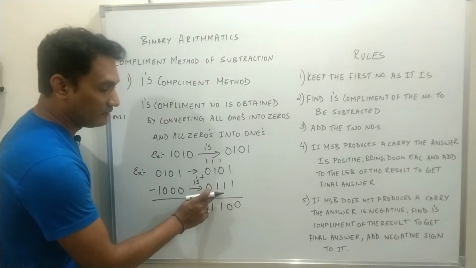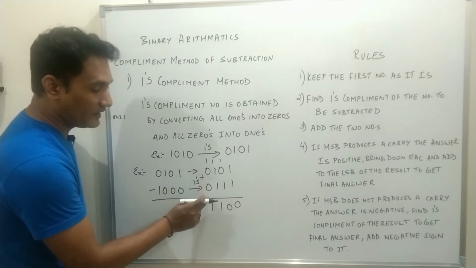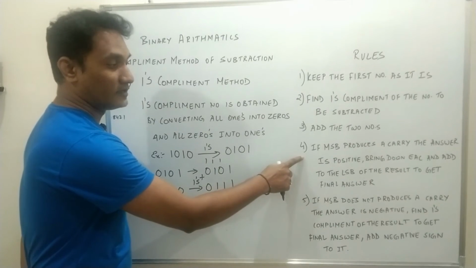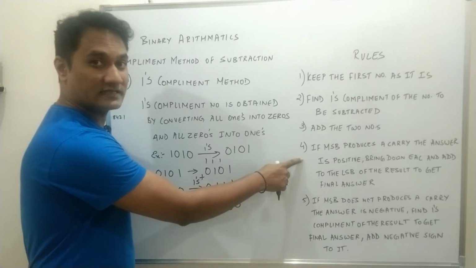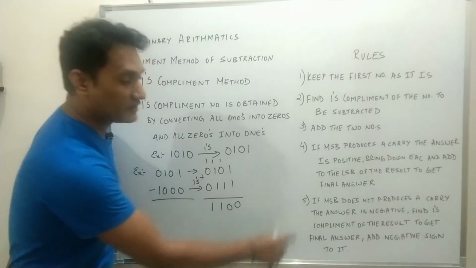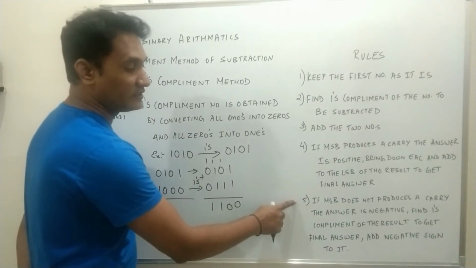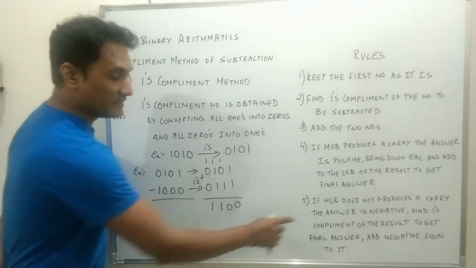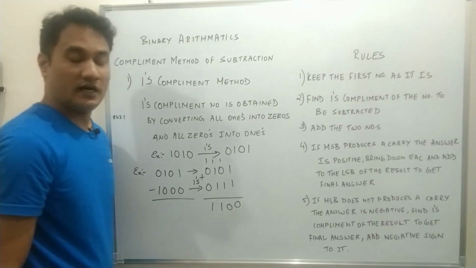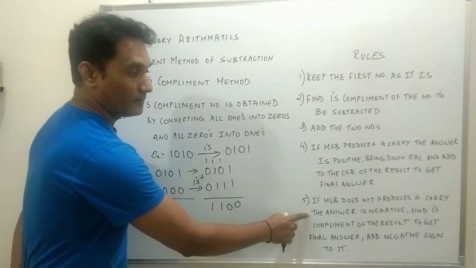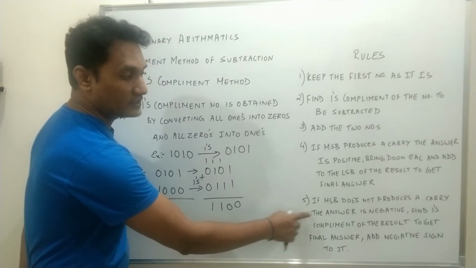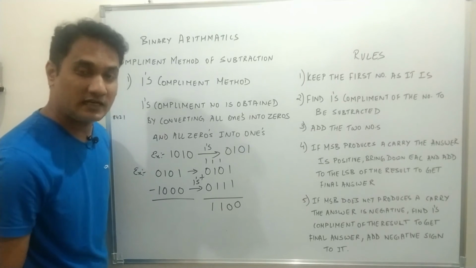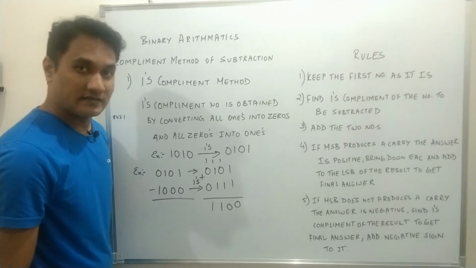Now after addition, what you can see is the addition of MSB does not produce a carry. In that case, we can say the fourth condition remains unsatisfied, but the fifth condition is satisfied. What is the fifth condition? If MSB does not produce a carry, the answer is negative. Of course, we already know that the answer is negative. So what we have to do is find 1s complement of the result to get the final answer.